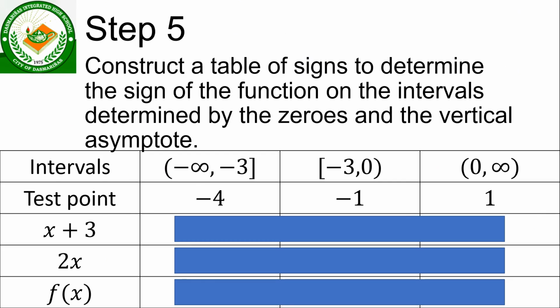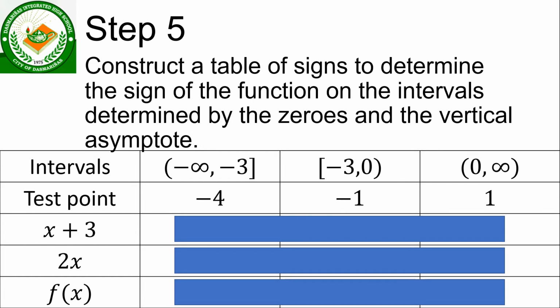So for our step number 5, we have to construct a table of signs to determine the sign of the function on the intervals determined by the zeros and the vertical asymptote. So the number line was divided by the 0 and the vertical asymptote, which is x equals 0 for the vertical asymptote and then x equals negative 3 for the 0.